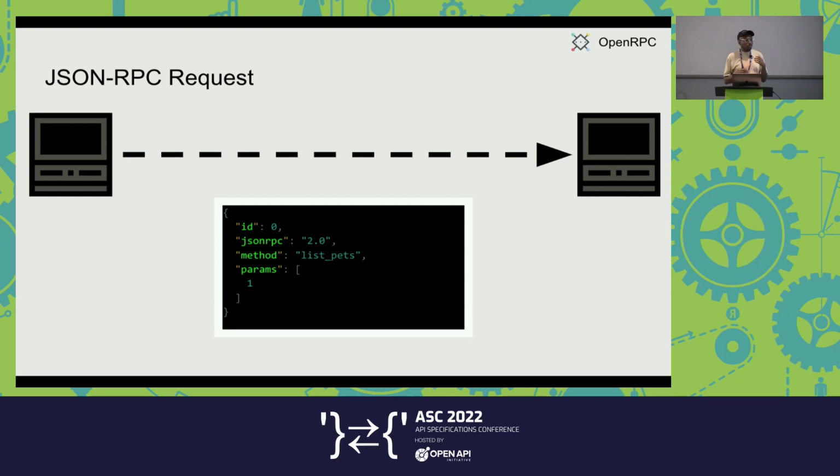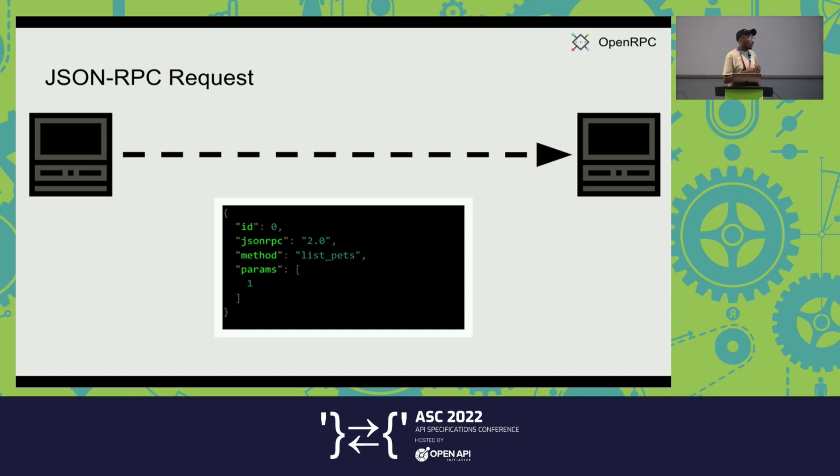A JSON-RPC request is this, more or less. It consists of an identifier for your requests going out. It consists of the JSON-RPC version specification, in this case 2.0. There is a 1.0, but 2.0 is the latest.